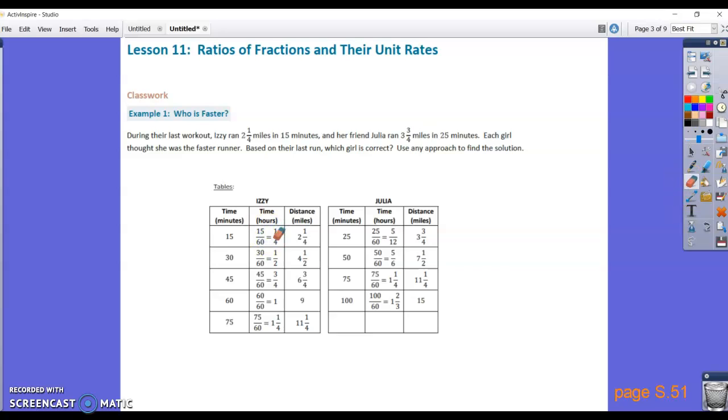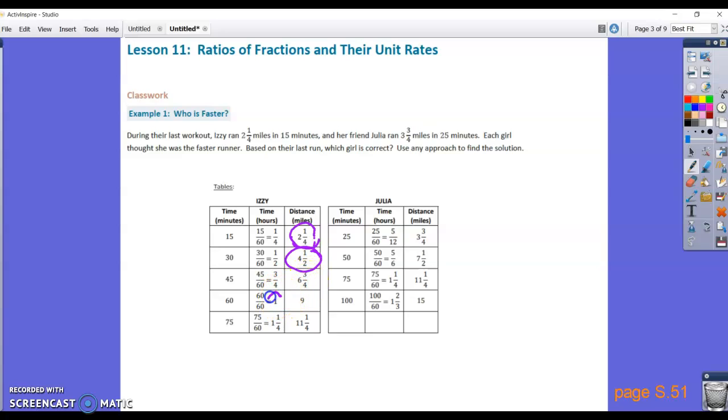So 1/4 of an hour is how long it would take her to do that 2 1/4 miles. So 30 over 60 is half an hour. So half an hour for 4 1/2. 3/4 of an hour for 6 3/4 miles.